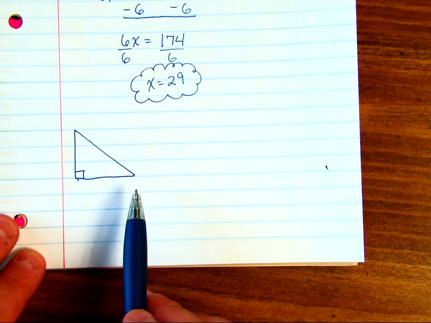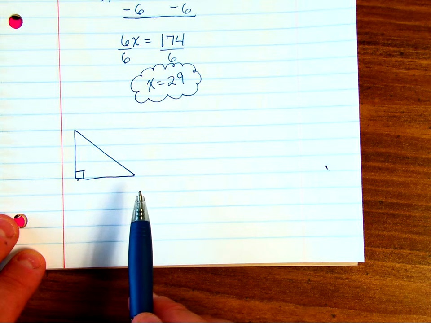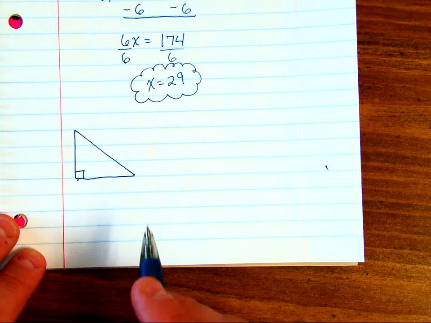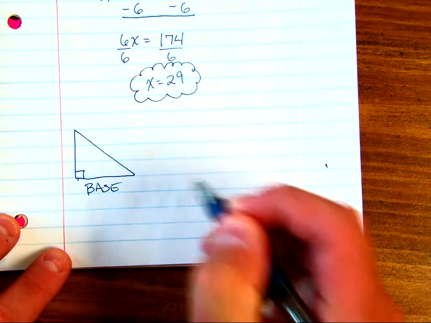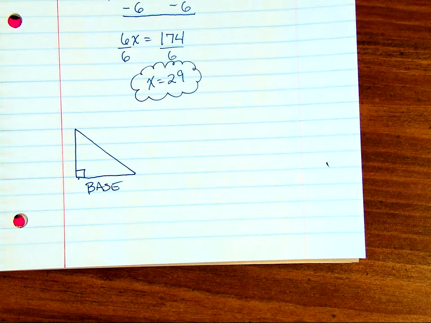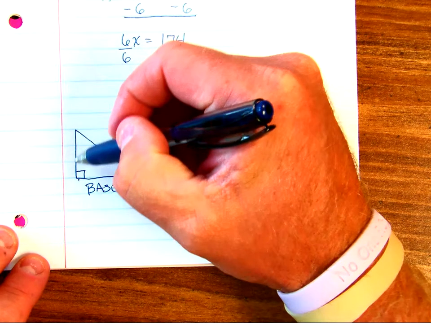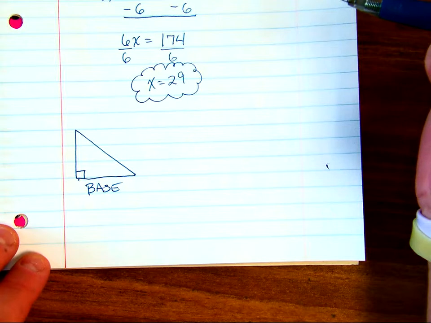Actually, the name of it's in a song. Hannah? Is it the base? It's all about that base. Yes. It's called the base. Anybody know what we call this vertical side? Probably. Oh, it is. Very good.